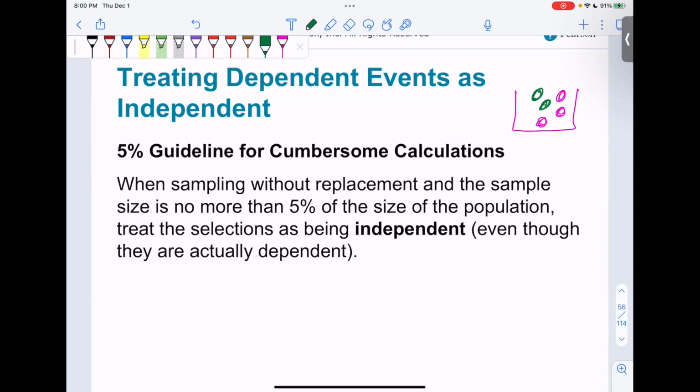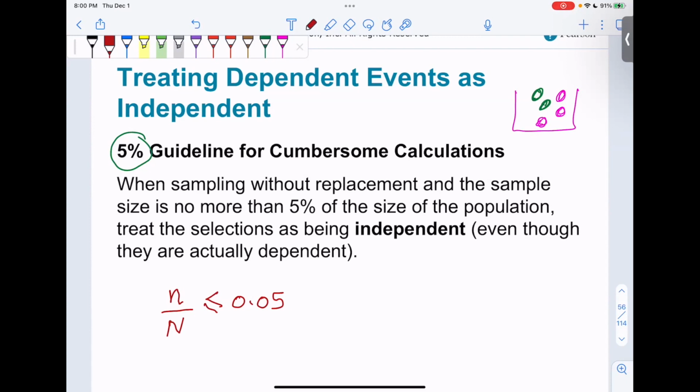But they said if we take n, the sample size, divided by N, the population size, and we find this value is less than 0.05, it's okay. Even if the experiment is not independent, we can treat it as independent.